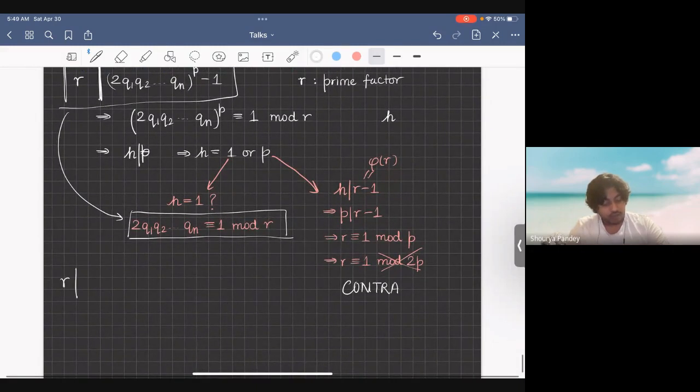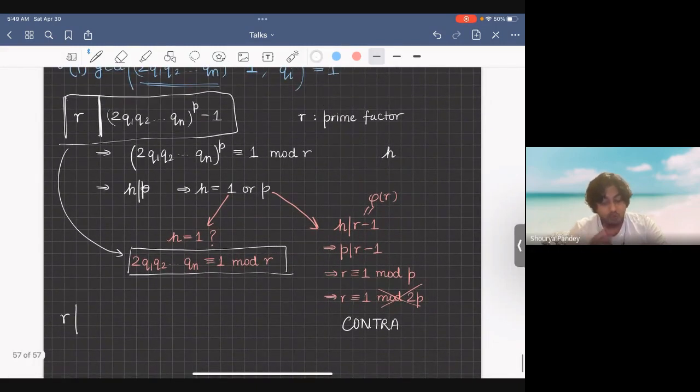If r is a prime factor, well, let this 2q1 q2 up to qn thing be m, right? Then we're saying that if r divides m to the p minus 1, then r also divides m minus 1. That's sort of strong, right? I mean, the opposite is definitely true, but we're saying that this direction is true as well. So that's a little weird.